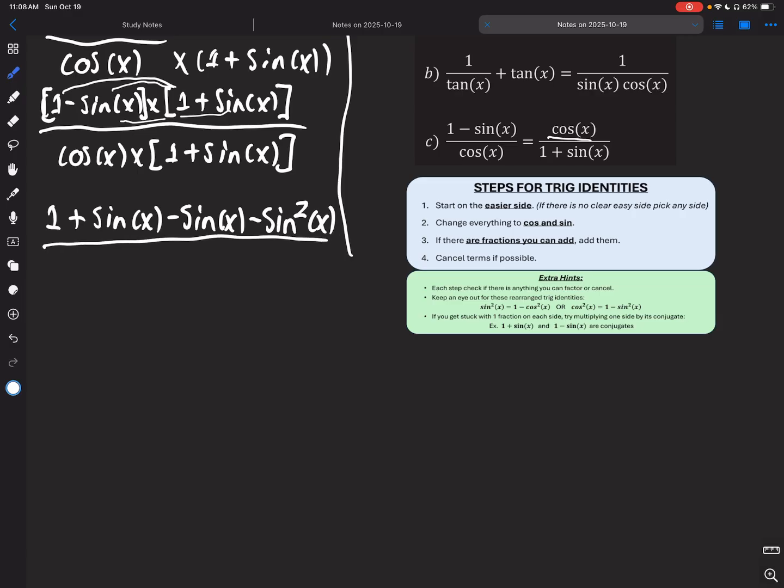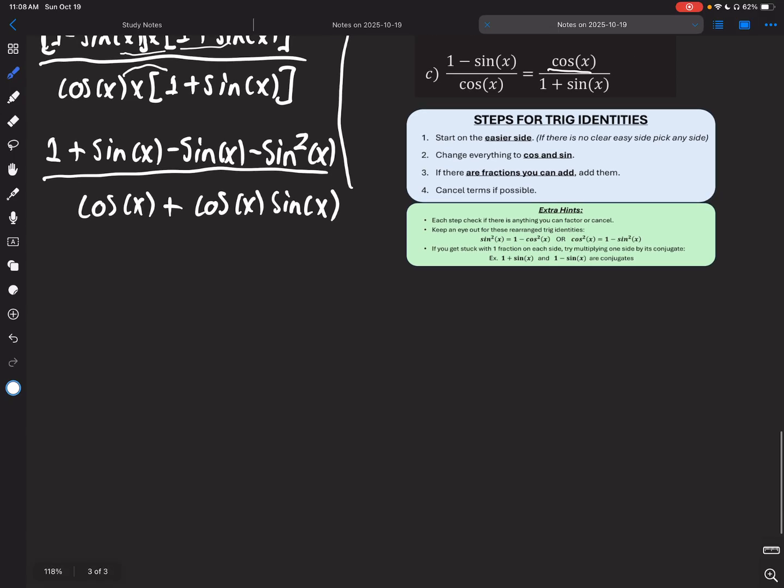Okay, and our bottom here, we just need to distribute this cos in. So this will become cos x times 1 is cos x plus cos x sin x. Now if we look up top here, we have 1 plus sin x minus sin x. Well, these are like terms, and it's a positive and a negative. So these will cancel each other.